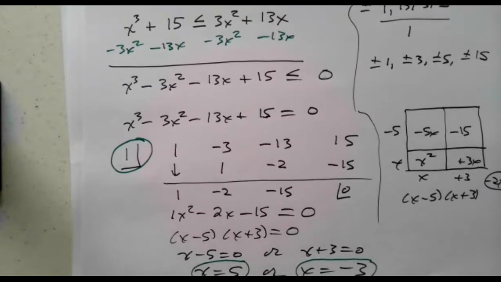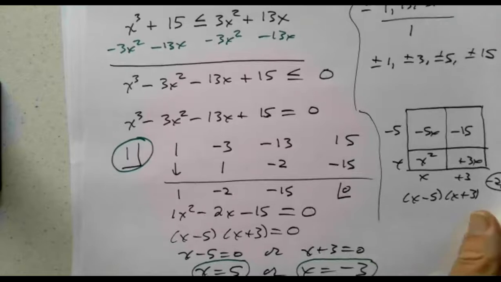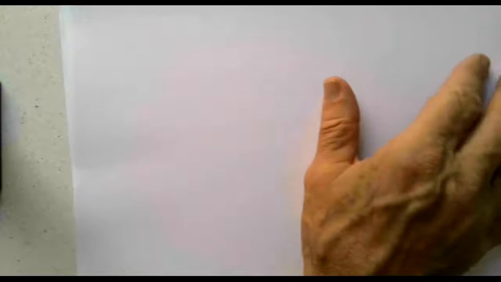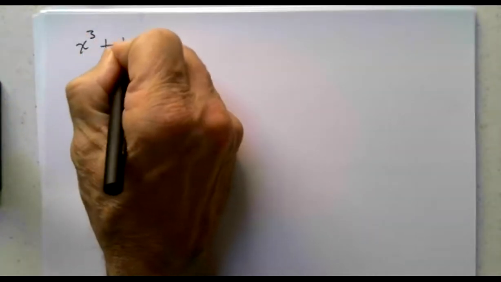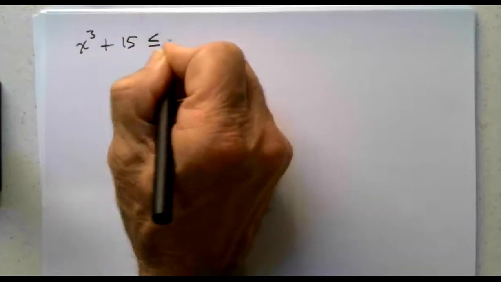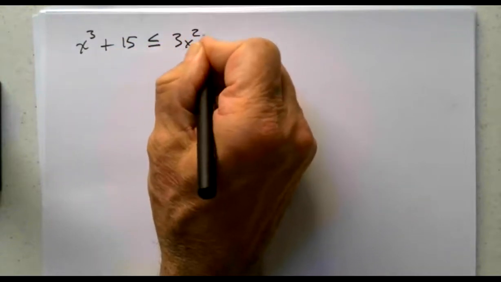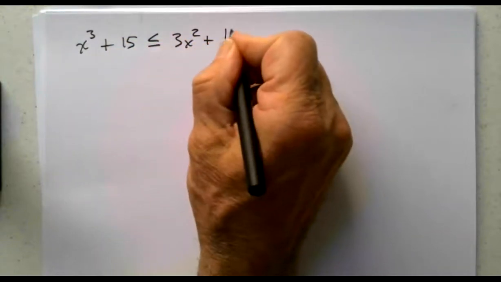So let's collect all of our information. We have our original question that was x cubed plus 15 less than or equal to 3x squared plus 13x.